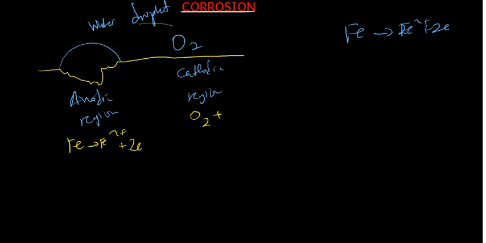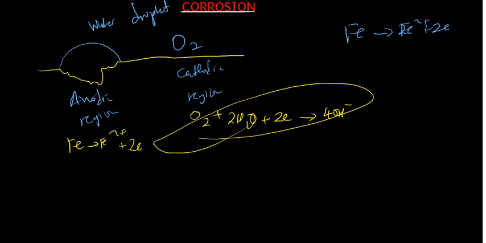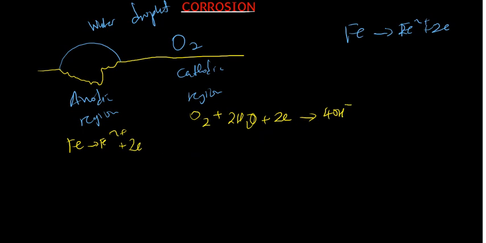So there is moisture, in other words, on this portion. Because of that, the oxygen is going to react with water, and those 2 electrons released by the iron will be taken in by the oxygen there, and that will produce hydroxide ions. So this is what happens on the cathodic region. And so rusting has happened.